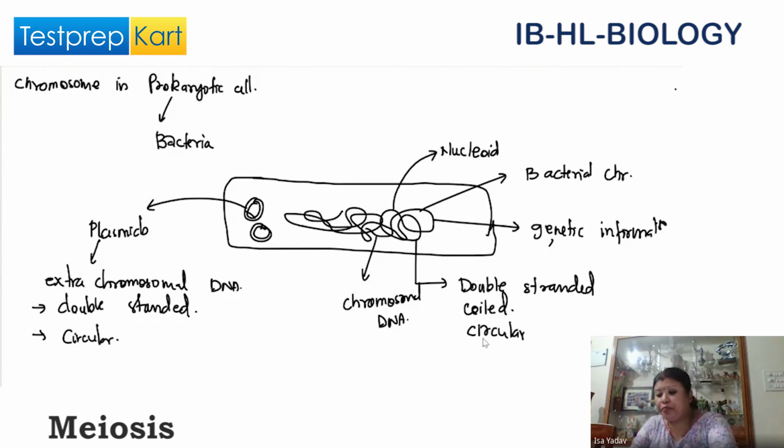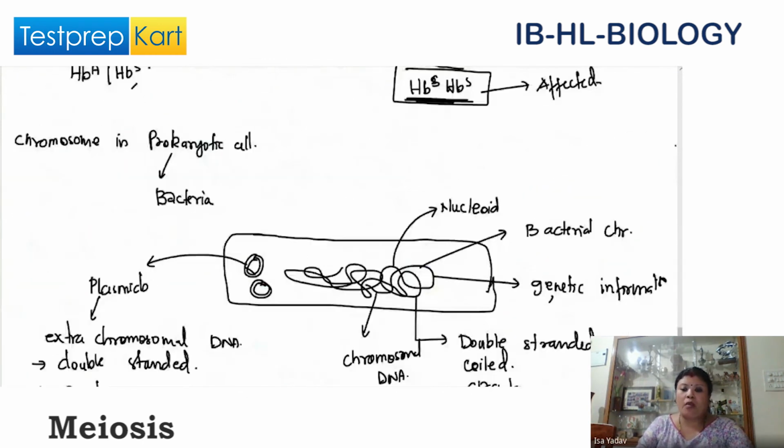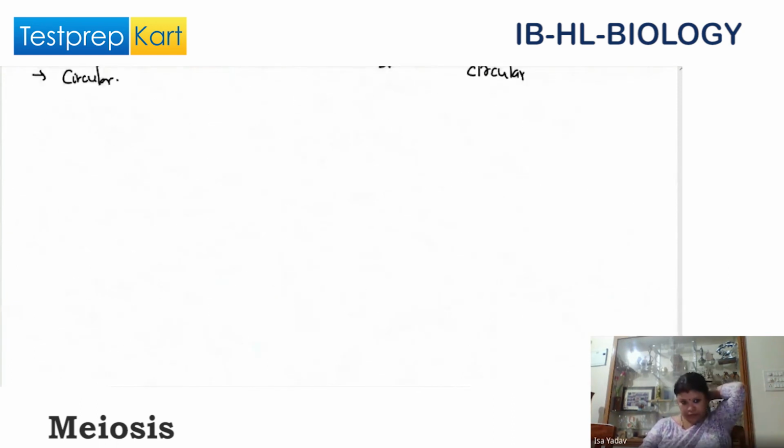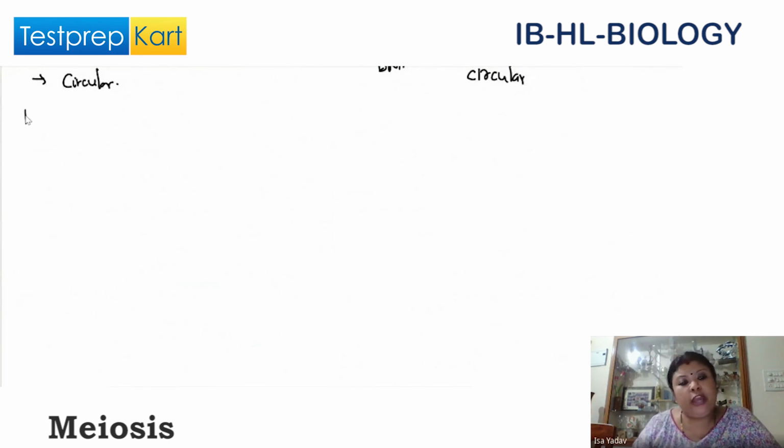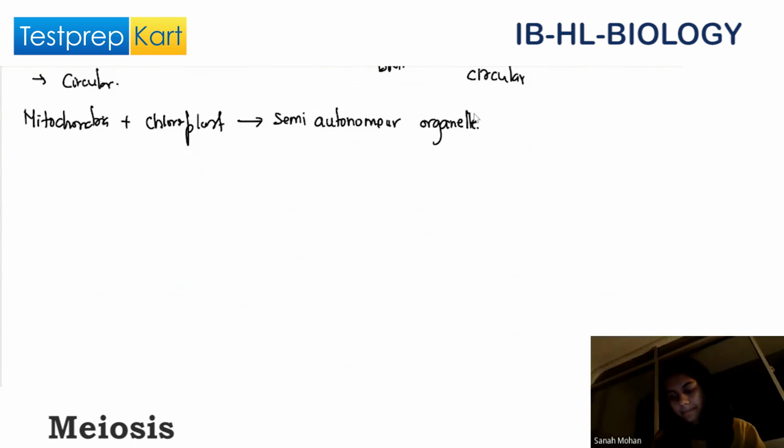Now we have a few more things to learn. Mitochondria and chloroplast are called semi-autonomous organelles.